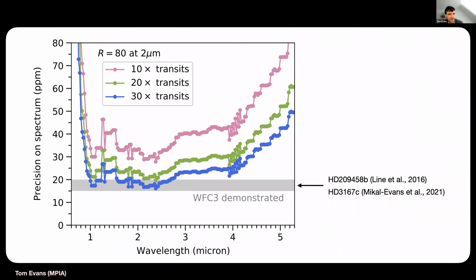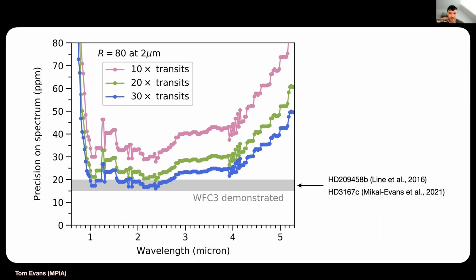To check this, I plotted up the measurement precision as a function of wavelength for different numbers of co-added transits, similar to the plot I showed previously illustrating the effect of partial saturation. The pink line is 10 co-added transits, the green is 20, and the blue line is 30 co-added transits.